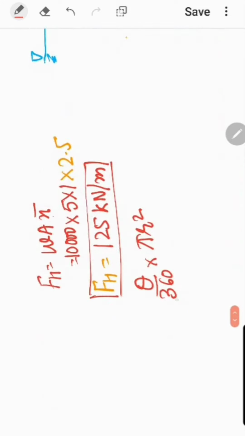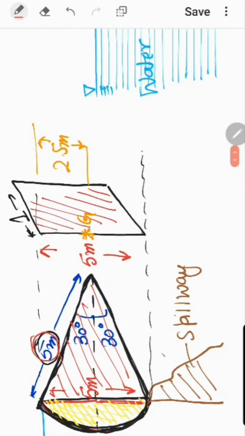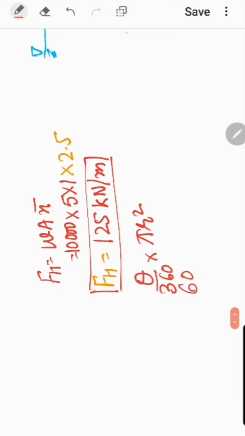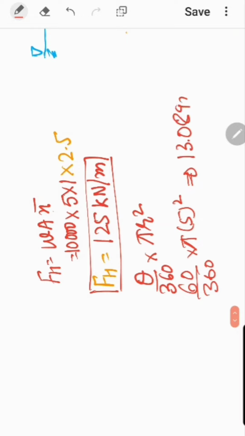So it is 60 degree divided by 360 into pi r square. Radius is 5 square. So when you calculate this, you will get the area as 13.089 meter square. So this is the area of the sector.